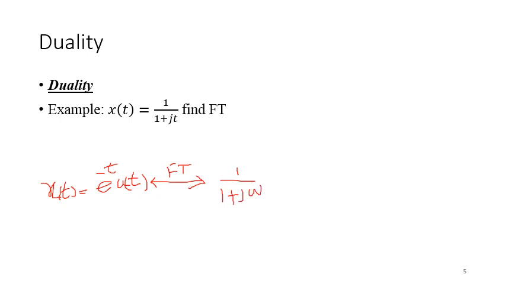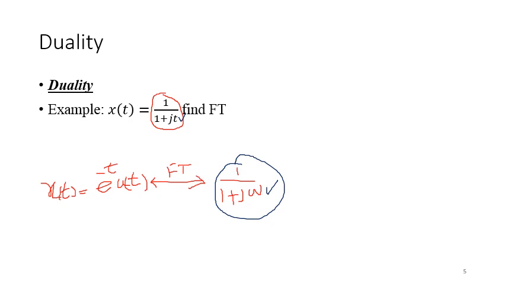If you look at the two signals, they are quite similar, with the exception of the independent variable: in this case it is omega, and here it is t.